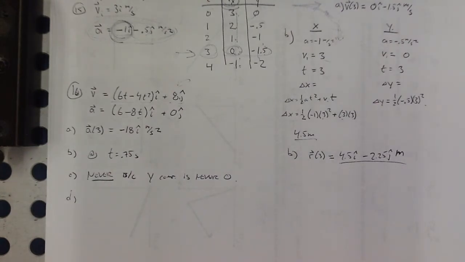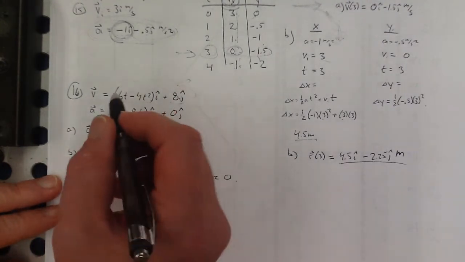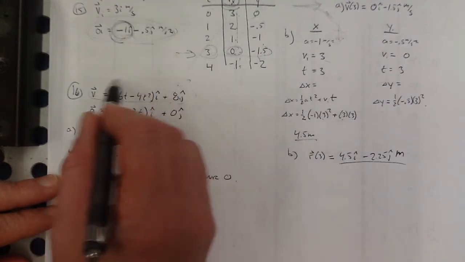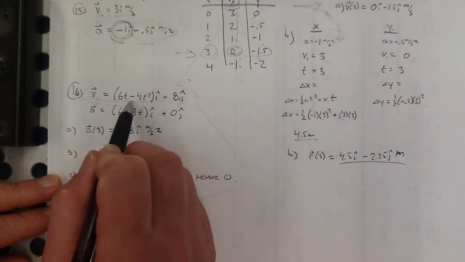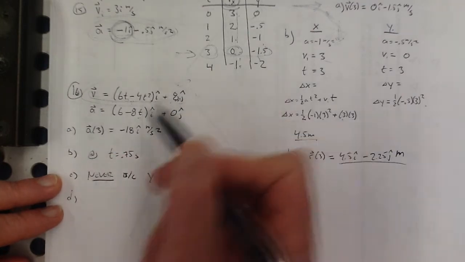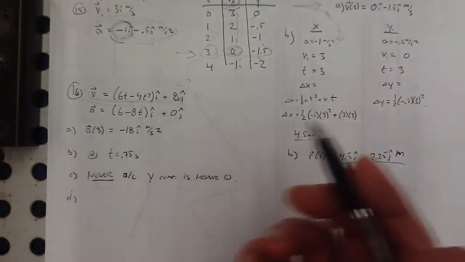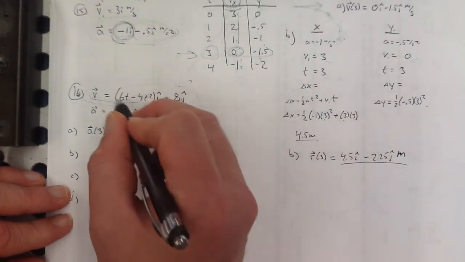And part D, when, if ever, does the speed equal 10? This is a little bit trickier. So how do you find the speed? Well, speed is the magnitude of velocity. If you have the components of the velocity and you want to know the speed, you have to Pythagorize the components, because the speed is the magnitude of this vector.